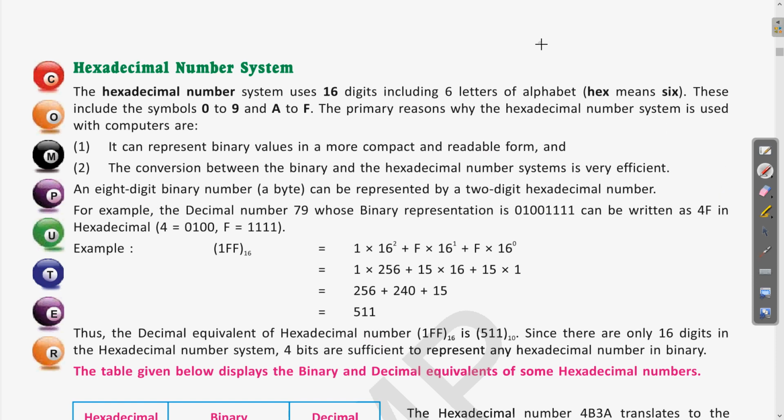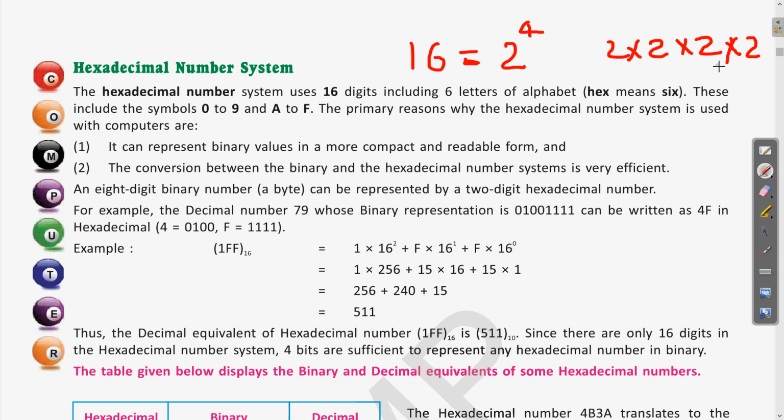In decimal we have seen that we can write in 3 digits. If it is hexadecimal, it will actually take 4. How 4? 2 to the power 4 is 16. Yes or no? When you multiply 2 four times, that is 2 into 2 into 2 into 2.